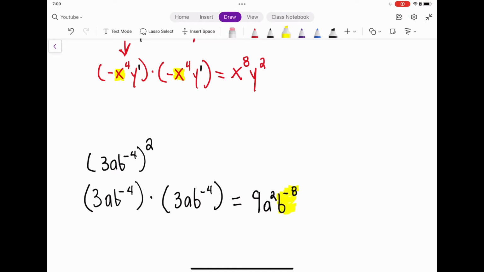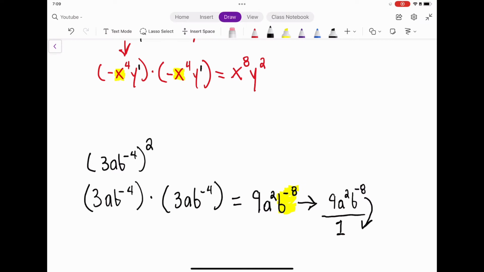To solve this, let's continue and write this over 1. So we put this over 1 because we need to take the reciprocal of b to the negative 8. All that's saying is turn it into a fraction. If the negative exponent's at the top, you're going to bring it to the bottom.